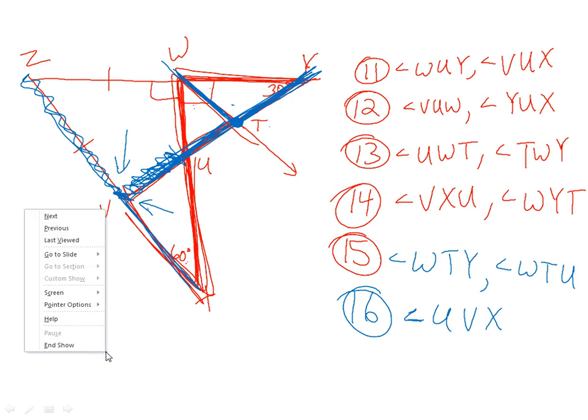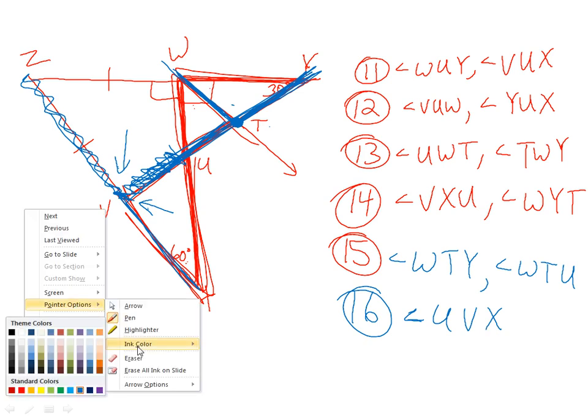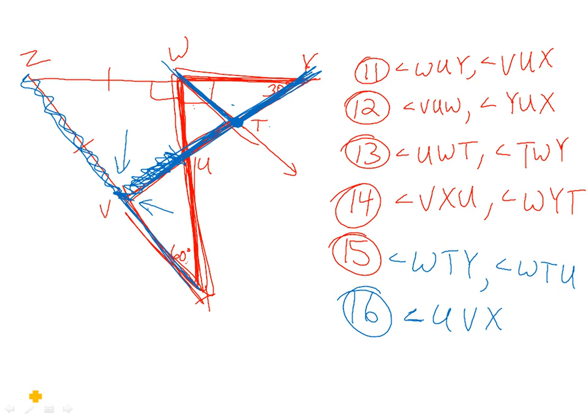Now, Olivia's asking, WYU, that's this angle, right? This angle and this angle sort of look like, hey, they make up this line, but do they share the same vertex?